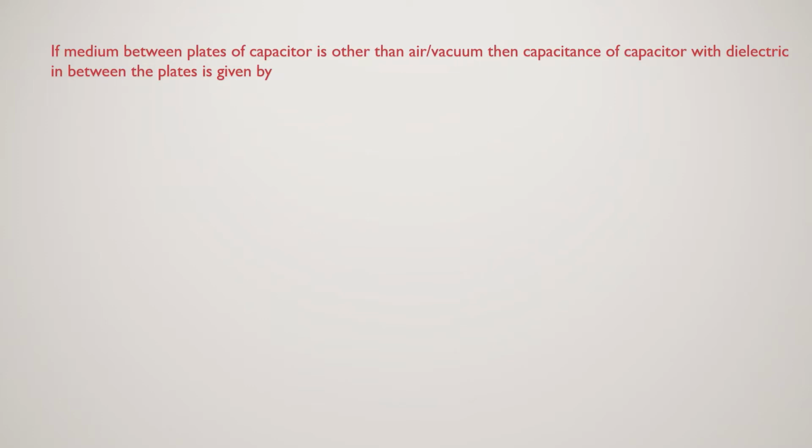If the medium between the plates of a capacitor is other than air or vacuum, then capacitance of the capacitor with dielectric in between the plates is given by Cm equal to epsilon A upon D. Here epsilon equal to K times epsilon naught, or we can write epsilon naught A upon D as C naught, that is the capacitance of a capacitor with air in between the plates.